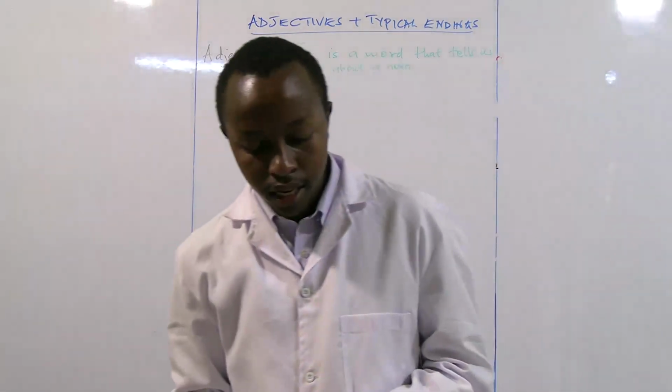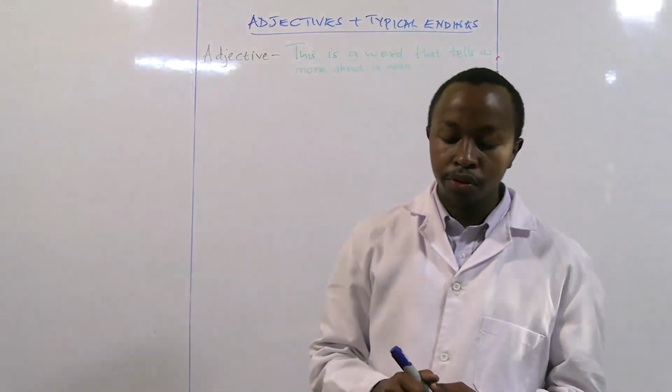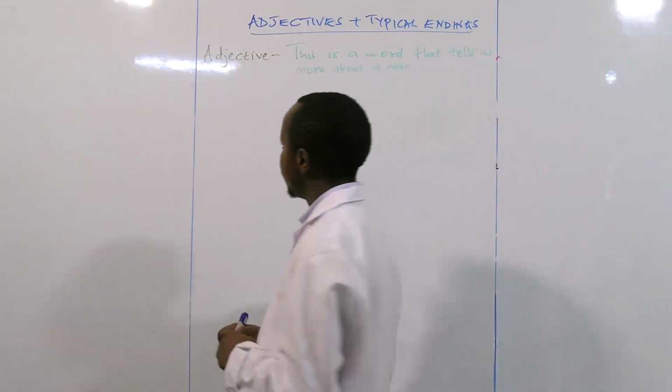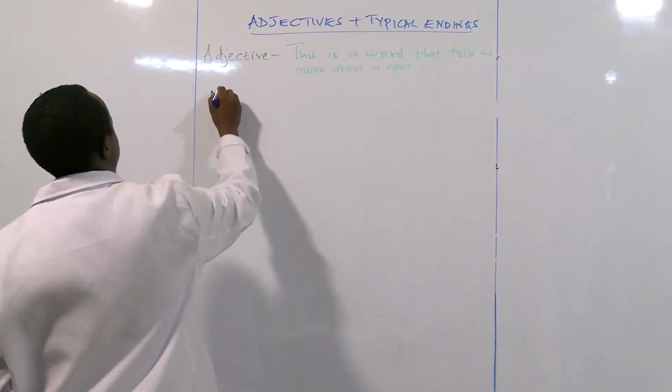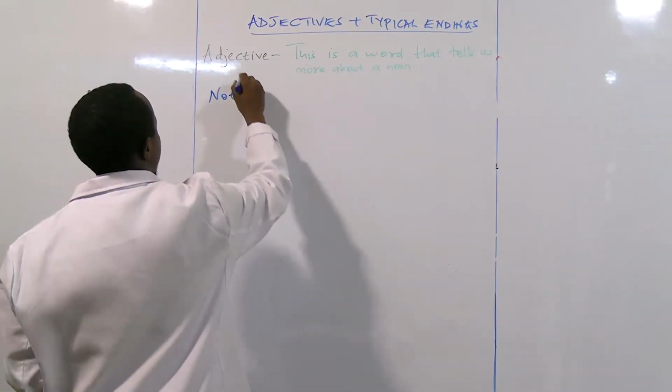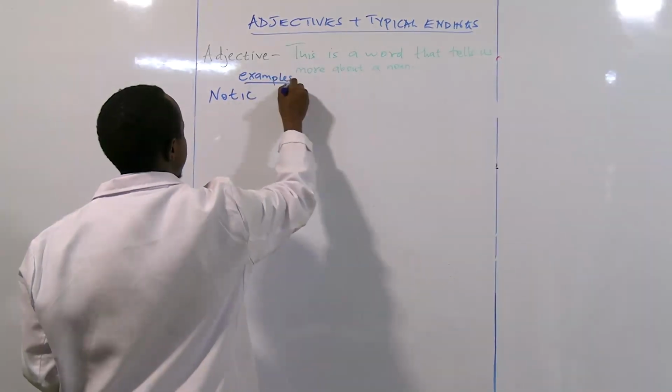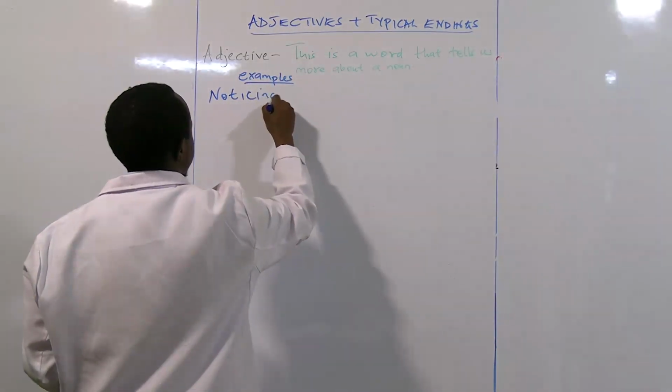Now, for example, noticing the emaciated body, he cried. These are sentential examples.